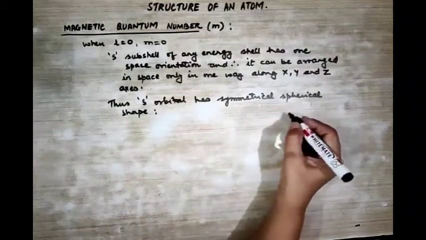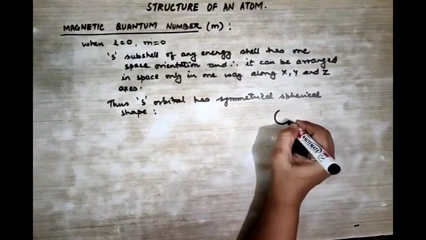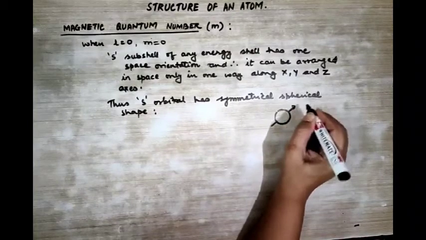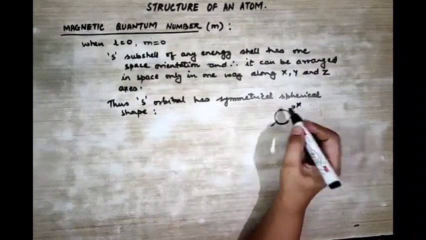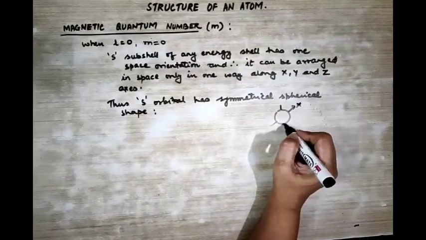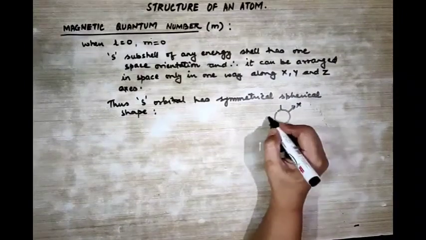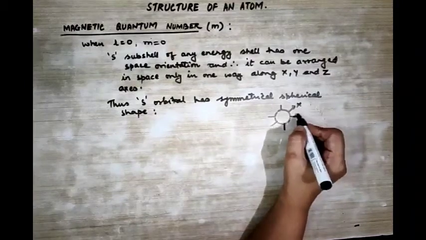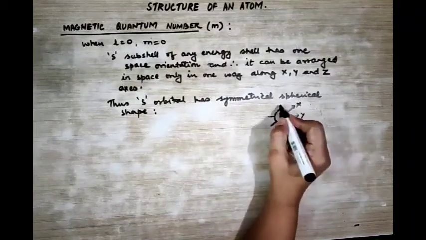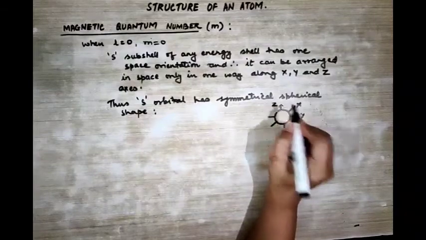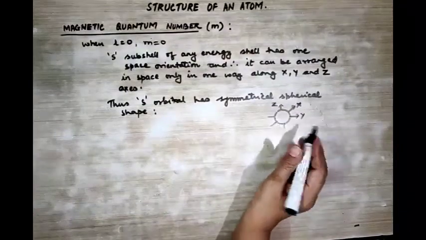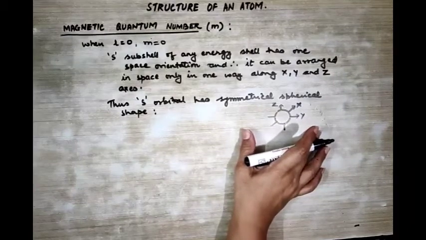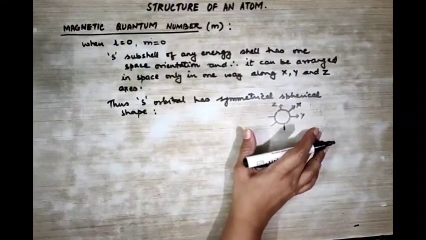So try to understand. This is your x-axis, this is your y-axis and this is your z-axis. Okay, clear? Now I'll explain to you in detail about this s orbital.